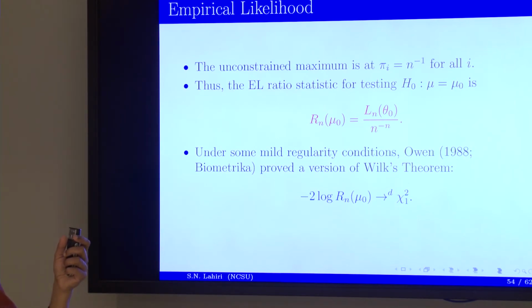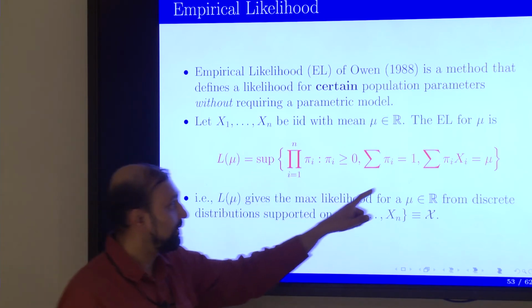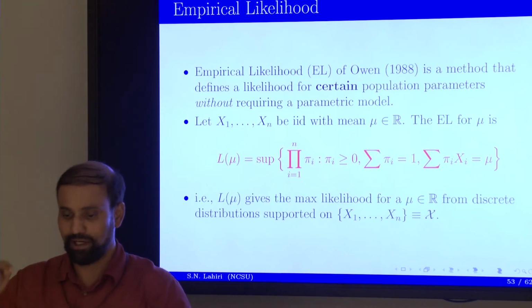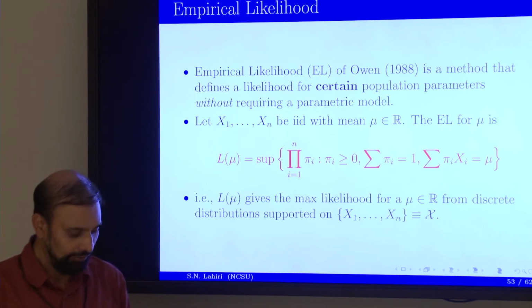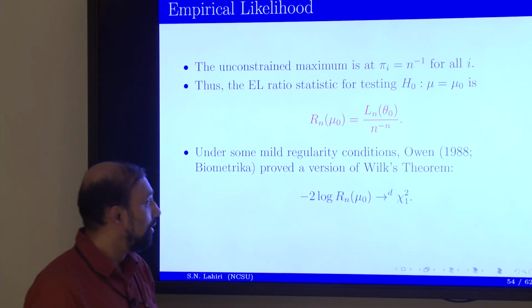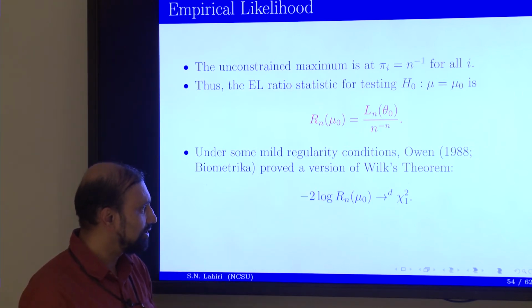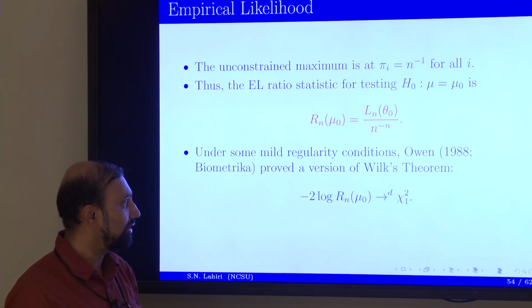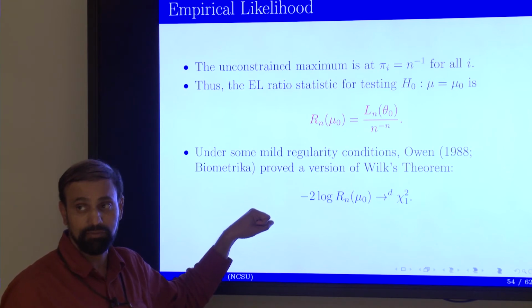All you need is that optimization of discrete weights, product of those. This is what you have to optimize. This is a convex optimization problem. Sum of pi i xi is more like saying if you have observations, you look at their convex combinations, that has to equal the value mu. And so this essentially tells you that you can mimic the parametric likelihood inference approach also with empirical likelihood in the case of the mean.